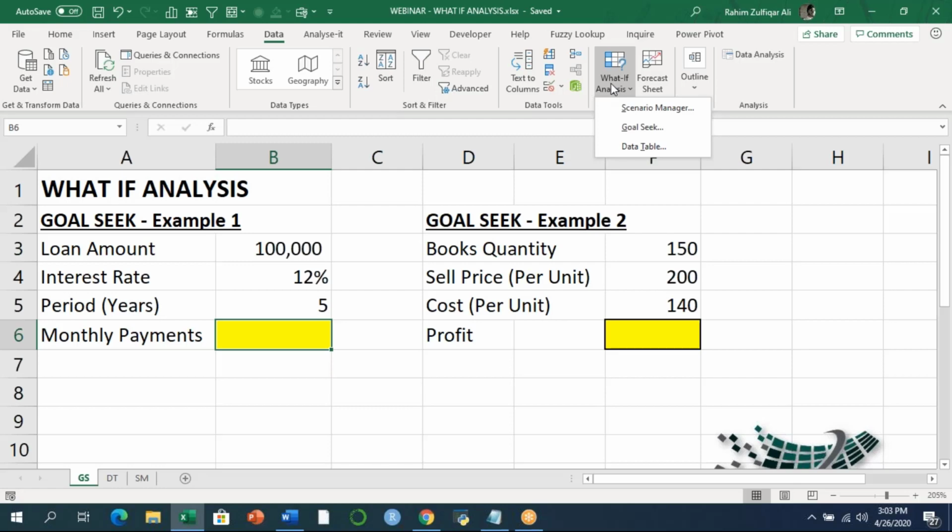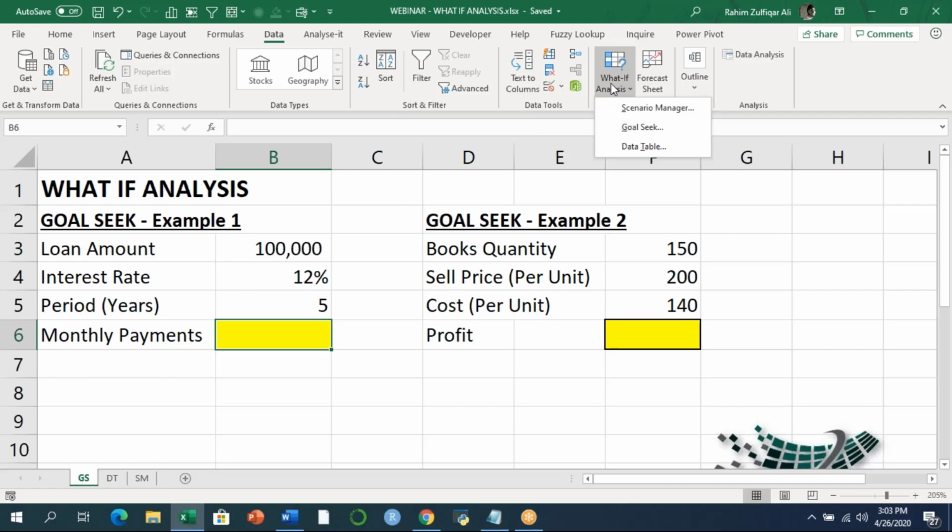So first, let me quickly introduce what what-if analysis is all about. What-if analysis basically involves asking questions of the type like, what if a value changes? We can use this every day, as professionals or students who are involved in data analysis and decision making.